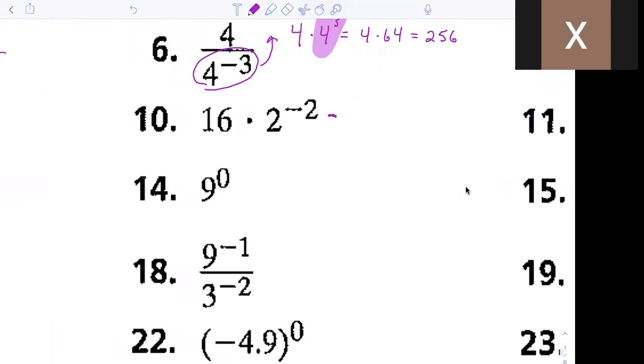All right, what is 2 to the negative 2 the same as? 1/4. 1/4, thank you. What is it? Who said that? What do you think it is? 4. 4, right.